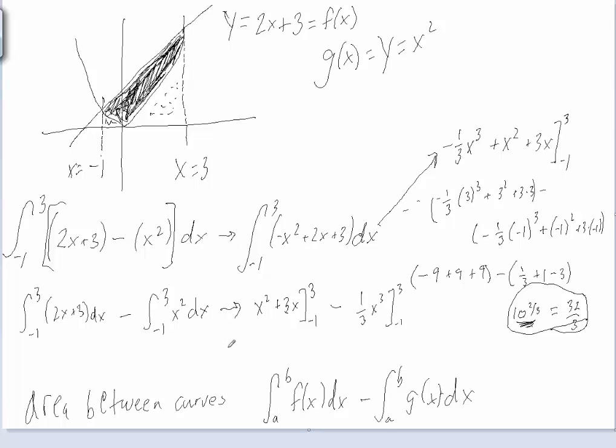Doing a little bit of algebra, we'll see all the same numbers show up, so we'll get 3 squared plus 3 times 3 minus negative 1 squared plus 3 times that. So this gives us 20.